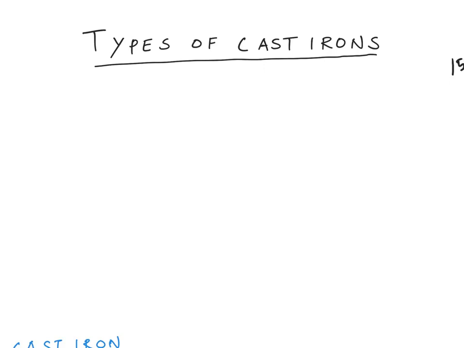Now, cast irons can be classified as those ferrous alloys in which the amount of carbon present is in the range of 2.14 weight percentage and above. Generally, mostly we see cast irons in which the amount of carbon will vary from 3 to 4.5 weight percentage.